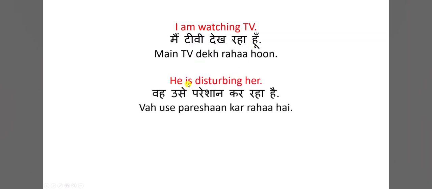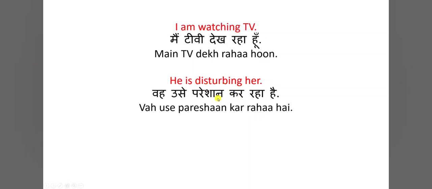Next. He is disturbing her. वह उसे परेशान कर रहा है. वह उसे परेशान कर रहा है. वह is he. उसे is her. परेशान कर is disturb.